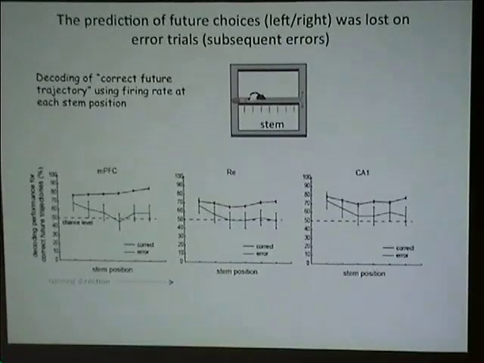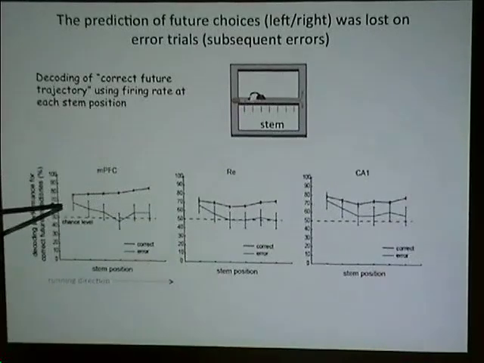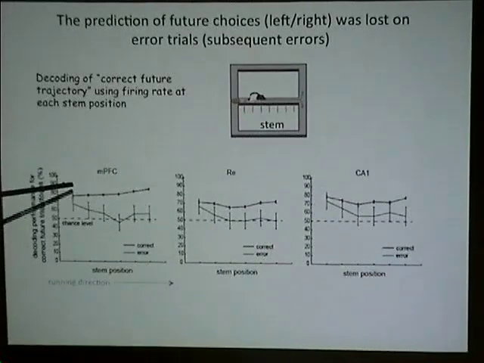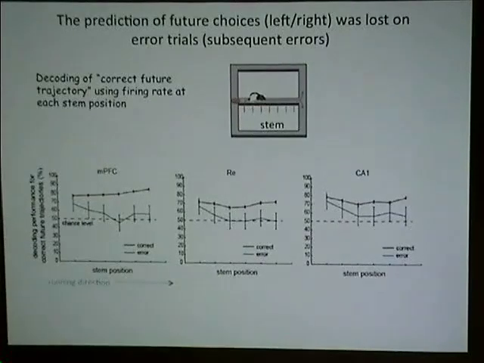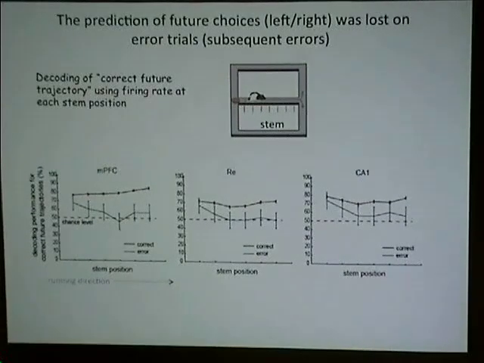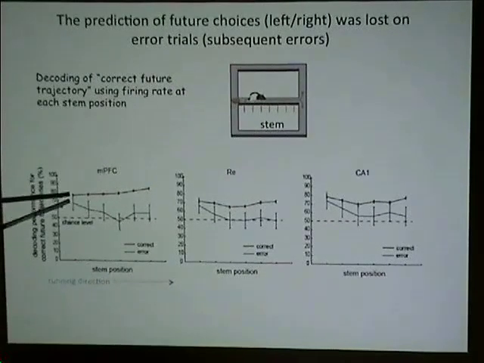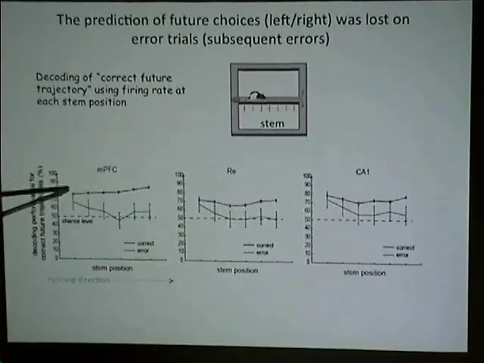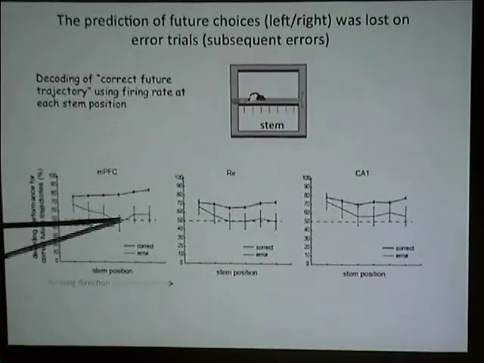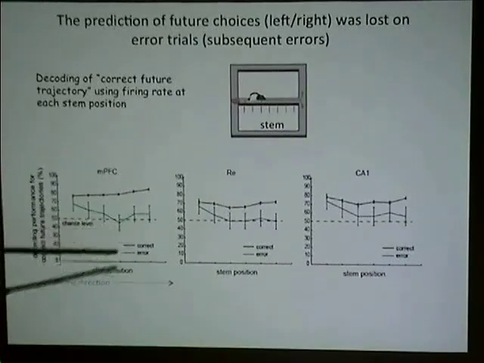But if he now compared with the error trials, you will see that on the correct trajectories, the predictions were quite good. So in 80% of the cases, he could use the firing of the cells on the stem to predict where the rat would go in the next trial, regardless of where on the stem the animal was, whereas on the error trials, it was not very informative about where the rat would go the next time.